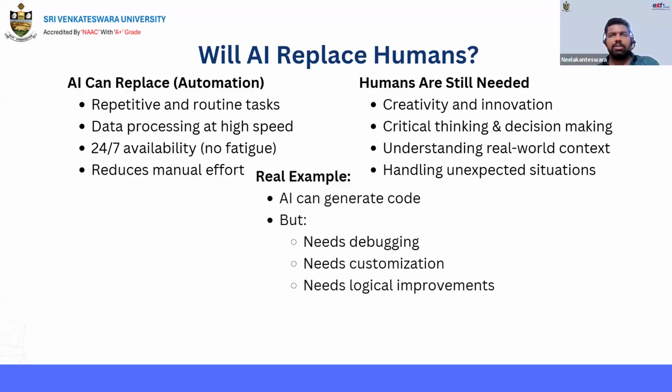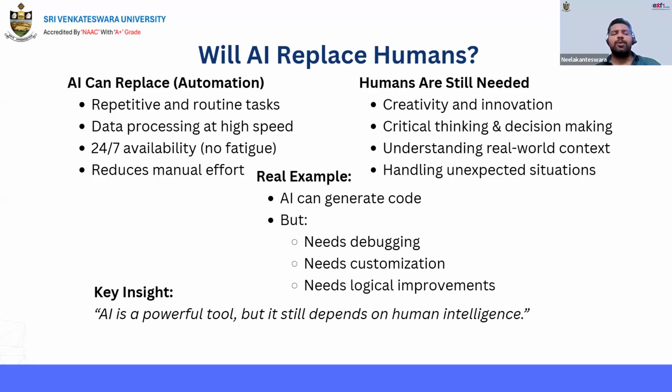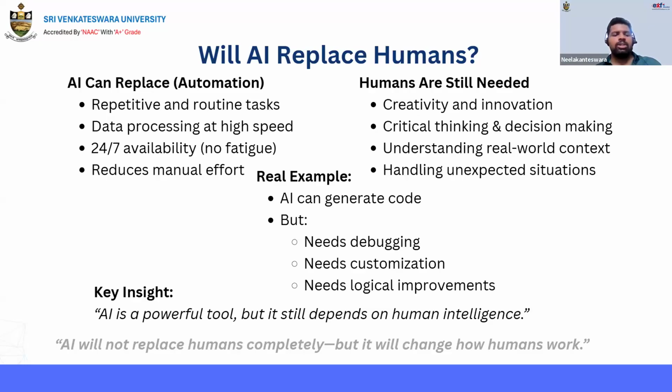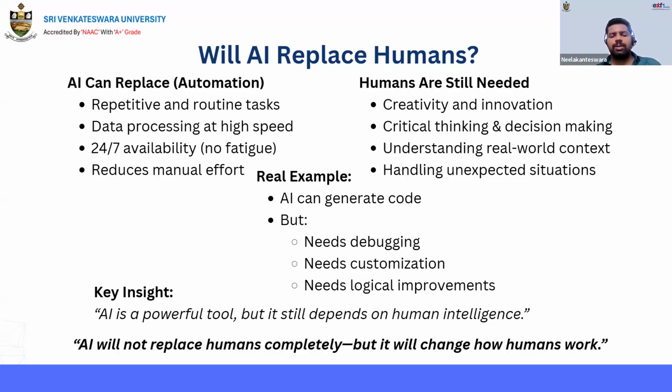For example, AI will generate the code, yes, but after generating the code you need to check it. It needs debugging, customization and logical improvements. Who can do these things? Humans will do this. So AI is a powerful tool, no doubt, but it still depends on human intelligence. AI will not replace humans completely, but it will change how humans work.